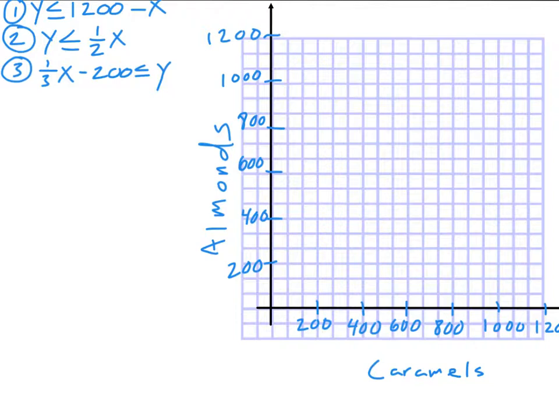All right, so constraint number 1 had a y-intercept up at 1200. I'm just going down 1 over 1 because it also had a slope of -1.